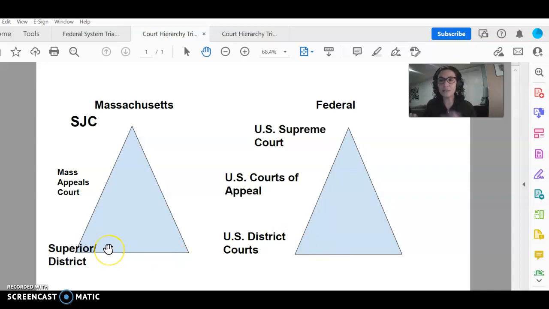On the state side, we move from all of the trial court levels to the first appellate level, which is here, the Massachusetts Appeals Court, which is a mid-level appellate court. And then we move up here to the Supreme Judicial Court, which is the highest court in Massachusetts and the final word on matters of Massachusetts law.